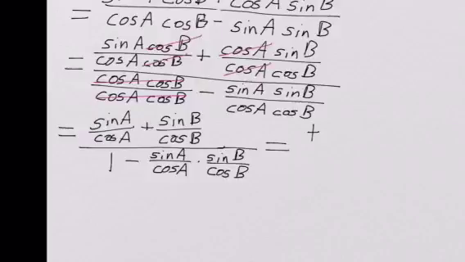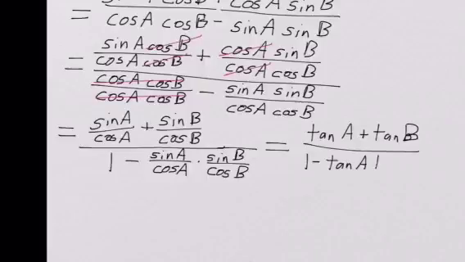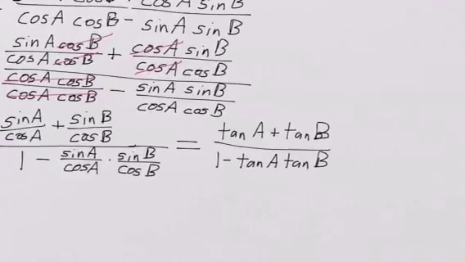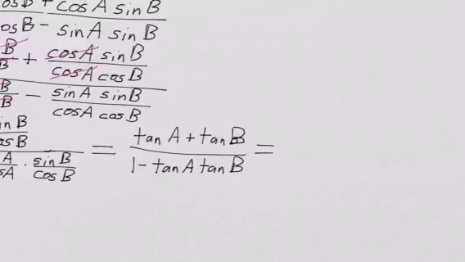So we get tangent of A plus tangent of B over 1 minus tangent of A tangent of B. And then just reminding you of what all this was equaling, that is the tangent of A plus B.